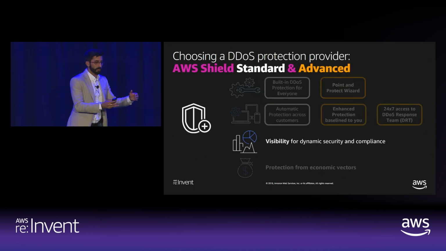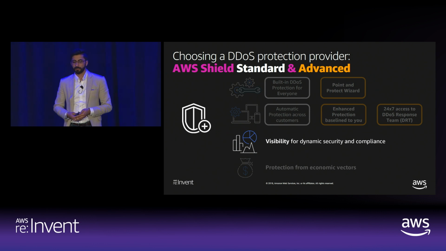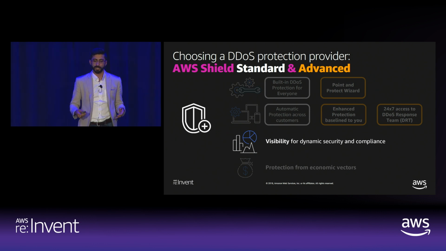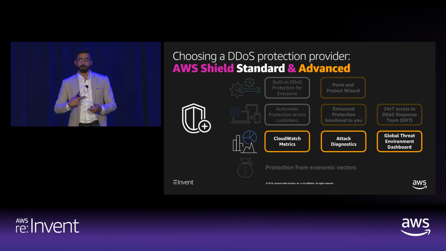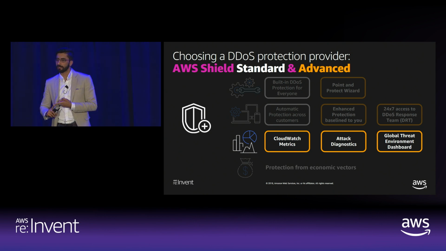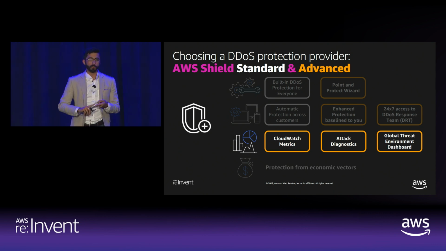So once we've gone ahead and detected and protected your application against DDoS, with Shield Advanced, you also can get visibility into that. So we emit a number of CloudWatch metrics which tell you if there was a DDoS detected, what the major vectors were, and what the size of the attacks was that your resource is seeing.